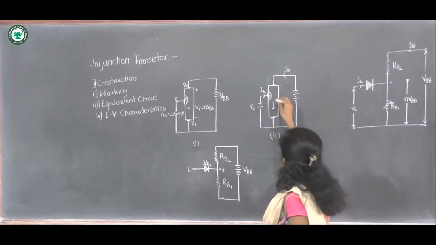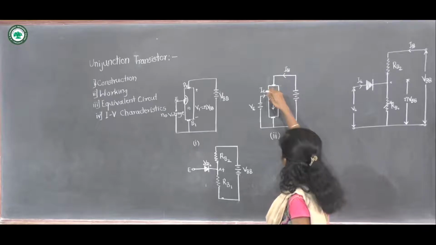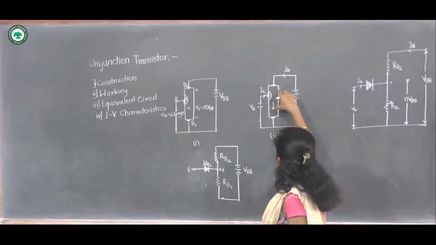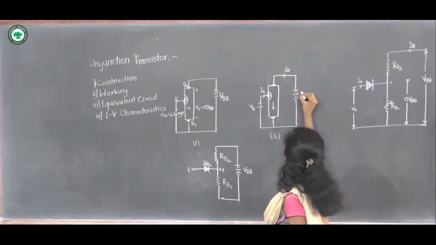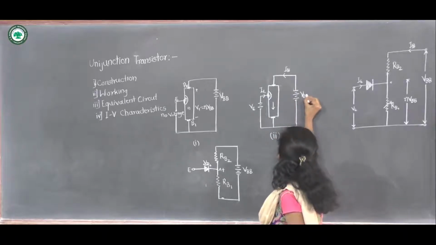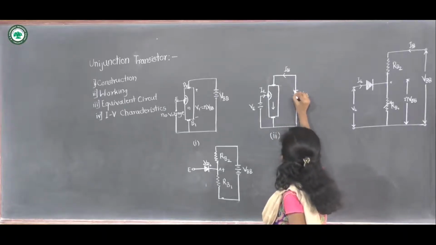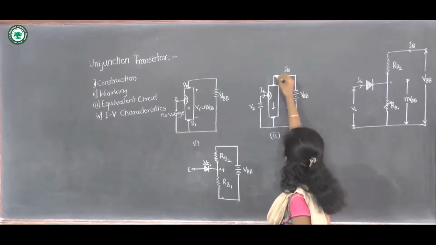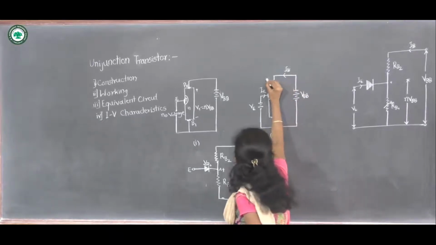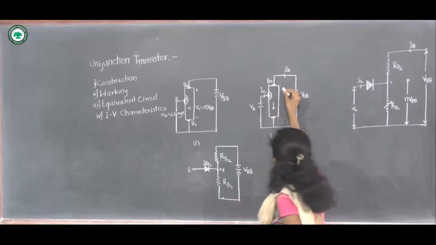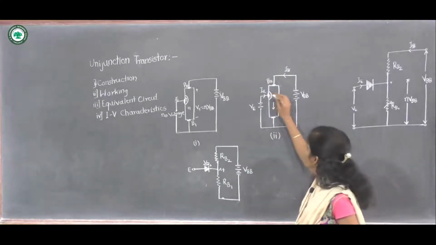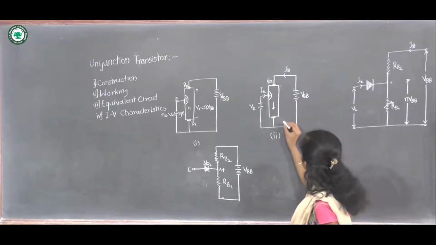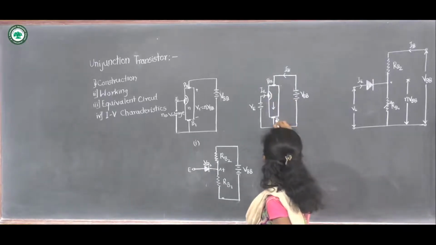So a number of holes from the P region may be injected into this N-type strip, and as the positive terminal of VBB is connected to base B2, these holes injected from the P region will move towards base B1.